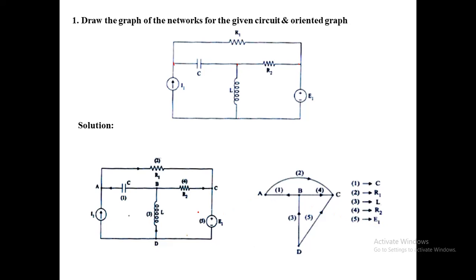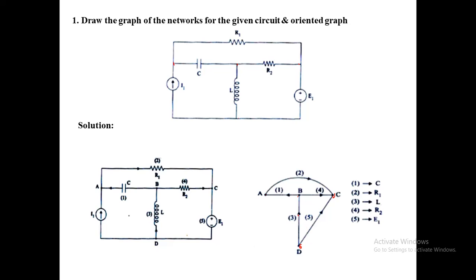Next we have to replace the circuit by this graph. First we mark the nodes A, B, C, D. Next we convert each element into a single line, that is a branch. This is the first branch, then the second, third, fourth, fifth.